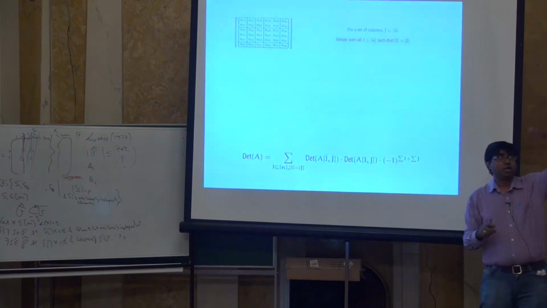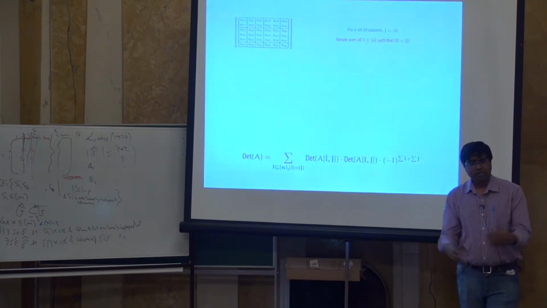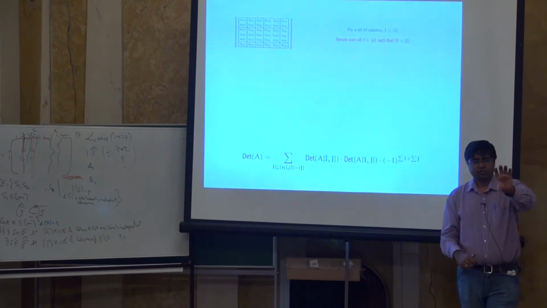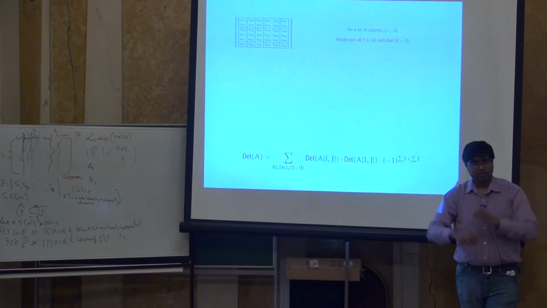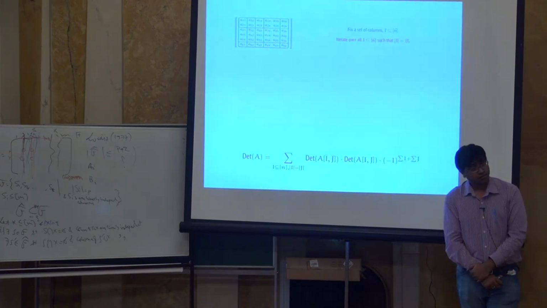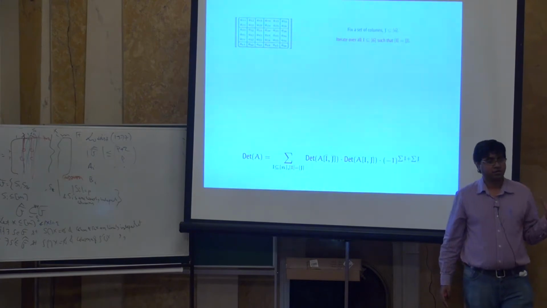What is that? I go over all subsets, and we basically take the determinant of this, take the determinant of the other thing. Now, why am I interested in this? Okay, that's a good question. Why do I suddenly become interested in this?